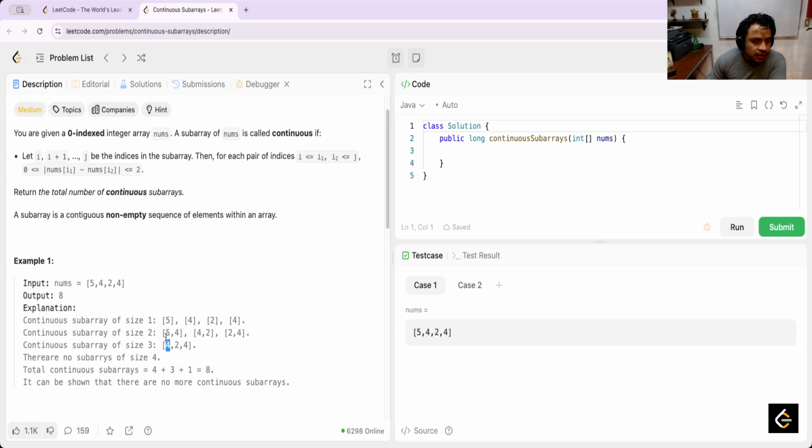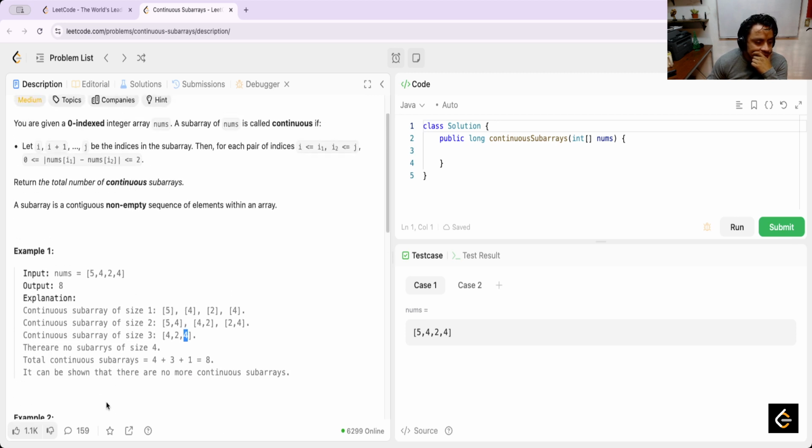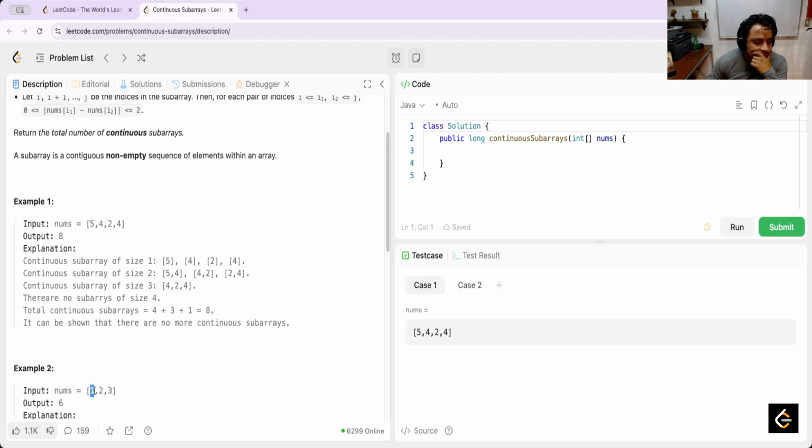But now for this, 2 and 4, 4 minus 2 is 2, and now 2 and 4. Let me check here. We have 1, 2, 3.